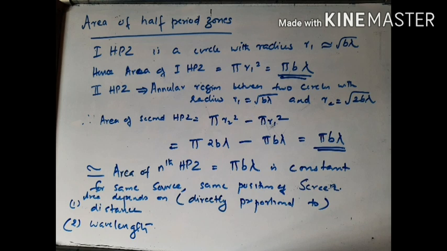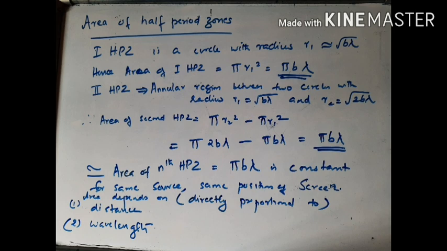The second half period zone is an annular region between two circles with radius r1 equal to root of b lambda and r2 equal to root of 2b lambda. So the area of the annular region is pi r2 square minus pi r1 square, area of the larger circle minus area of the smaller circle.